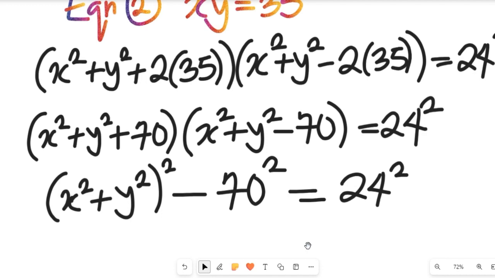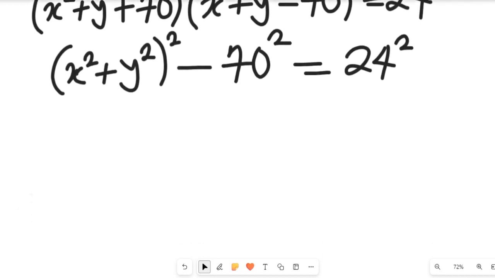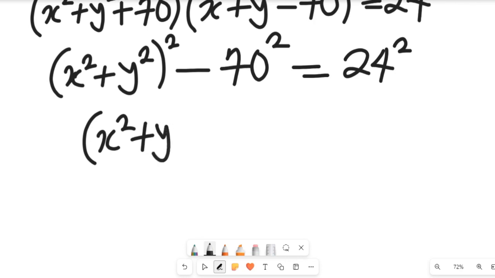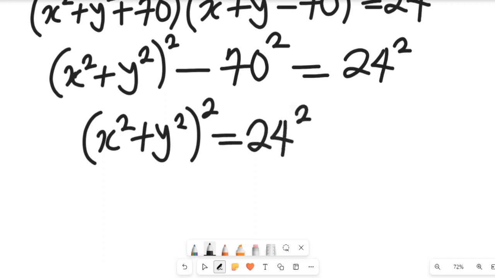So let's expand this. We are going to add 70 squared to both sides. If we add 70 squared to both sides, we'll have x squared plus y squared all squared equal to 24 squared plus 70 squared. Remember, on the left-hand side, minus 70 squared plus 70 squared will give us 0.